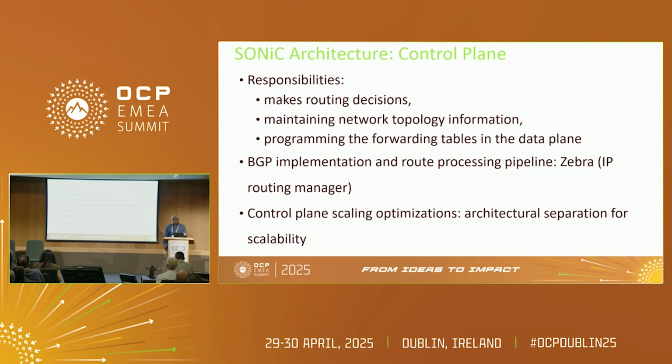So the control plane is critical, right? The control plane is what allows you to make the proper routing decisions from a software perspective. That's what says this is the right way to forward traffic. And so within that SONiC architecture, again, is leveraging many open source projects around things like BGP.